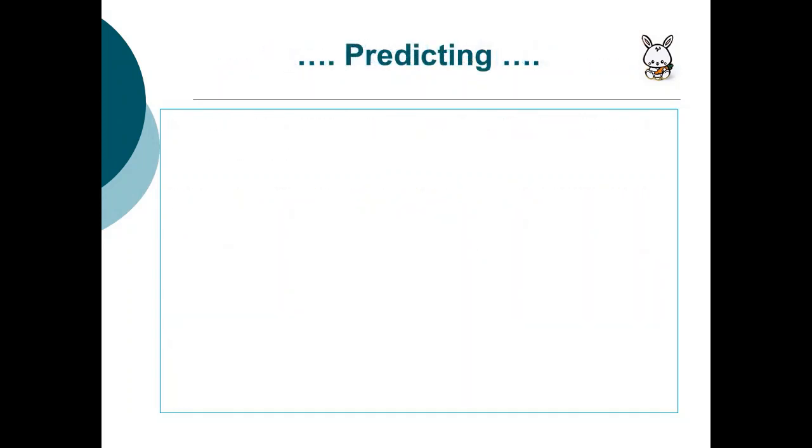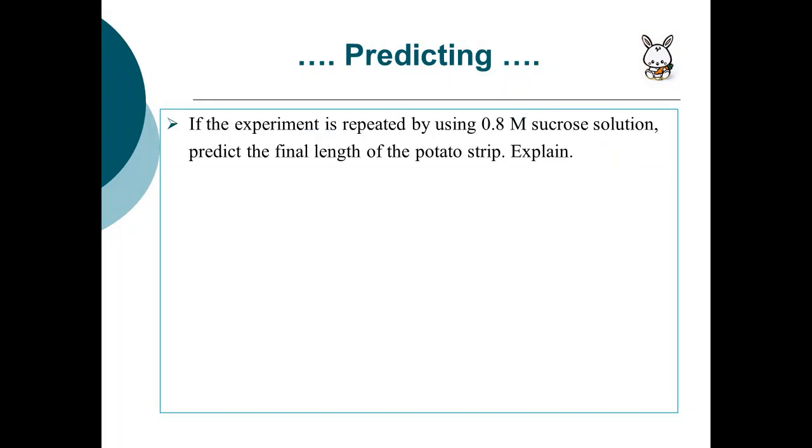Now we go to predicting. The question is, if the experiment is repeated by using 0.8 M sucrose solution, predict the final length of the potato strip. Explain.